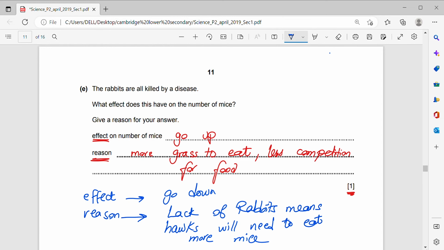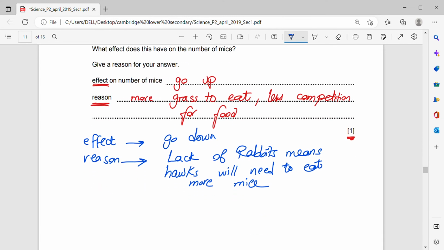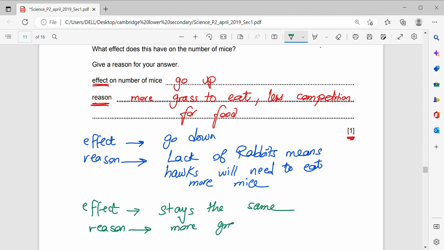There won't be rabbits, so the hawks will eat more mice. The third answer is that it will stay the same. The reason is more grass to eat, and at the same time more predation by the hawk.